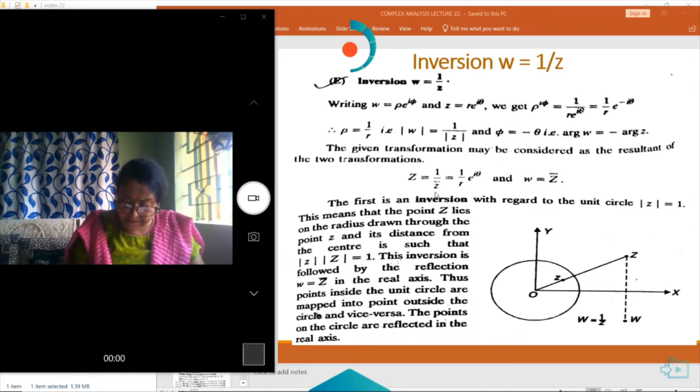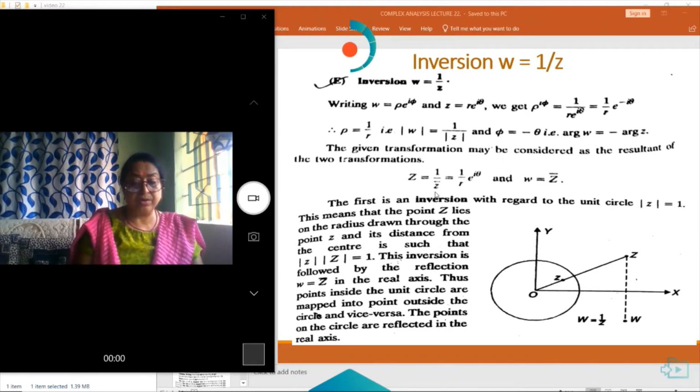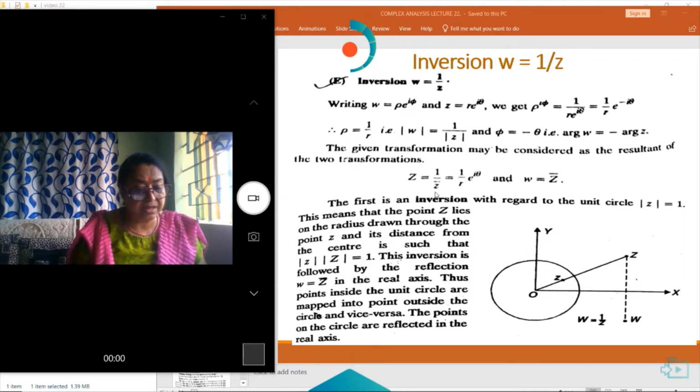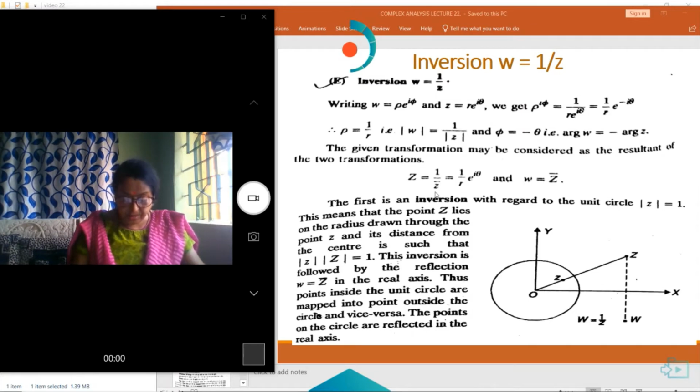So this can be written as 1 by r e to the power i theta, and W is equal to capital Z bar. The first is inversion with regard to a unit circle |Z| is equal to 1.